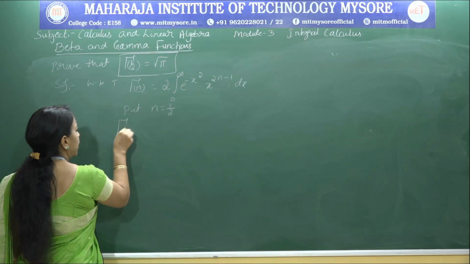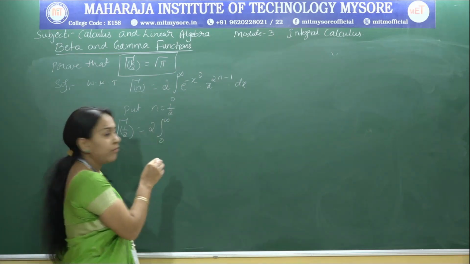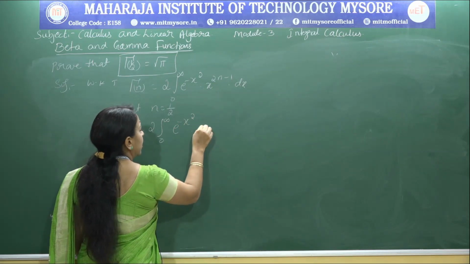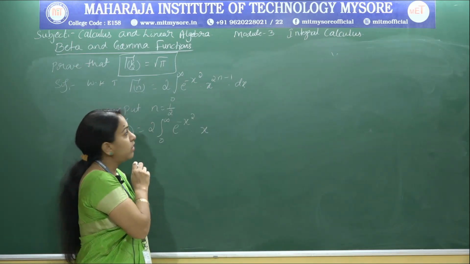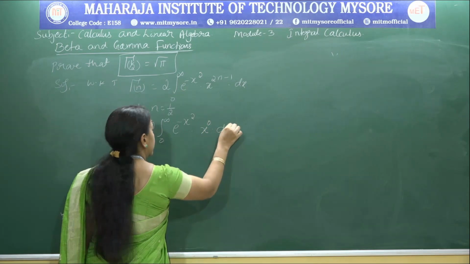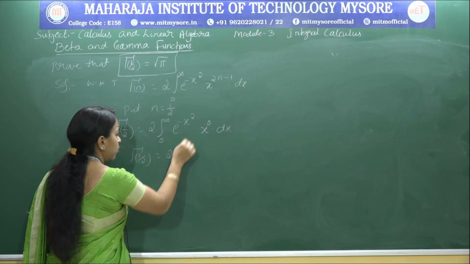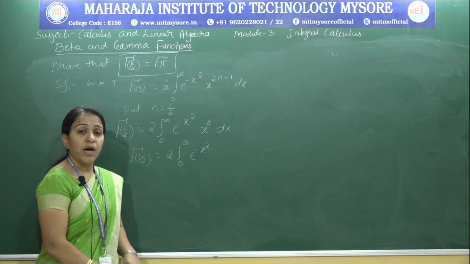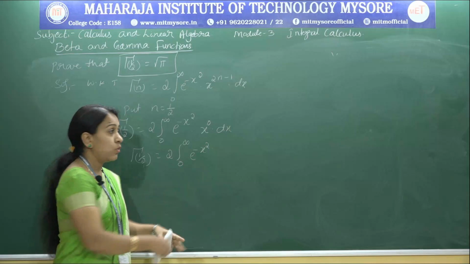So, gamma 1 by 2 is 2 times the integral 0 to infinity e to the power of minus x square into x to the power of 2n, that is 2 into 1 by 2, which is nothing but 1. X power 1 minus 1 will be 0, dx. So, gamma 1 by 2 is 2 times integral 0 to infinity e power minus x square dx.